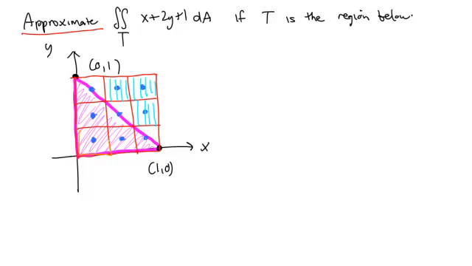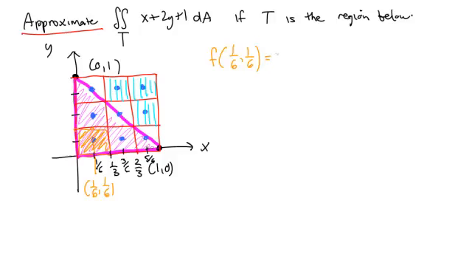So for example, for this first square, the sample point right here is going to be the point 1/6, 1/6. Remember, we chopped it into thirds, so this is the point 1/3 and 2/3, and so we're going to have 1/6, 2/6, 3/6, 4/6, and 5/6, kind of like the example we had in the previous podcast. So in this first square, the input value will be 1/6, 1/6. We'll plug that into the function to see the corresponding height.